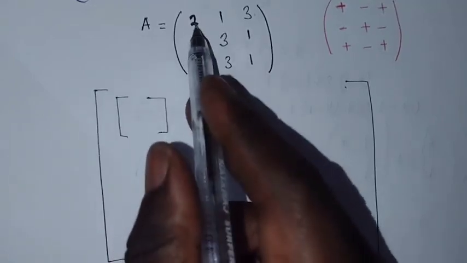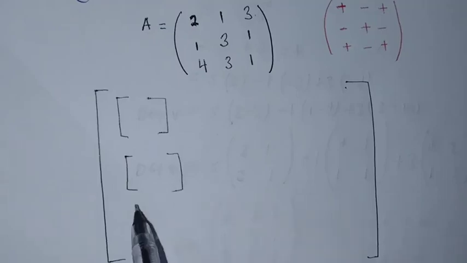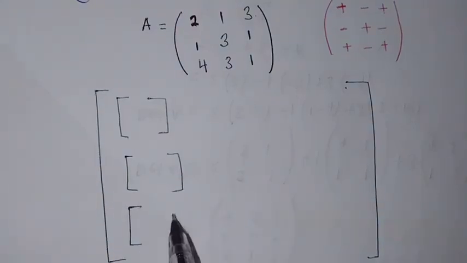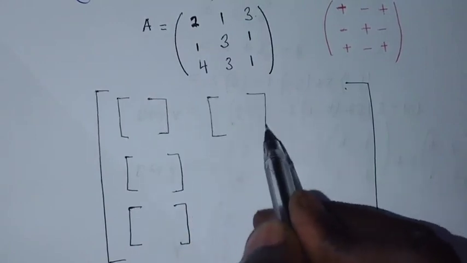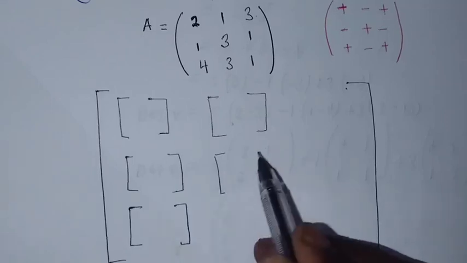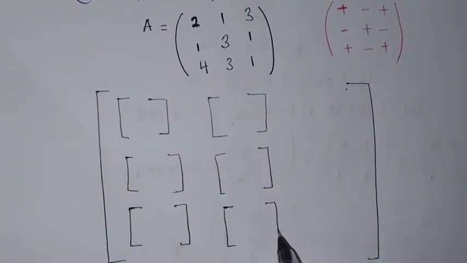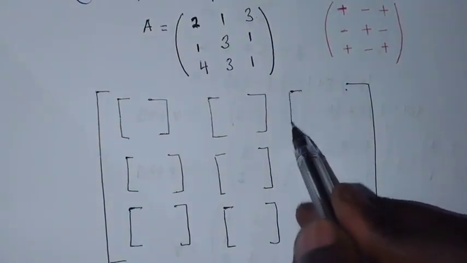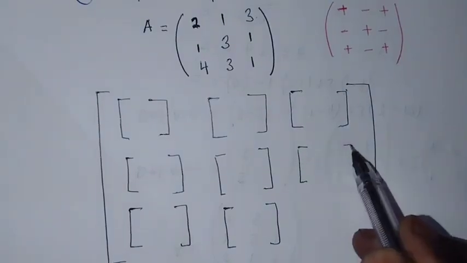So this one is for these two, like this. Then again here, we should have 3 of them. This is very important. Take note. The last one. This is the last one.